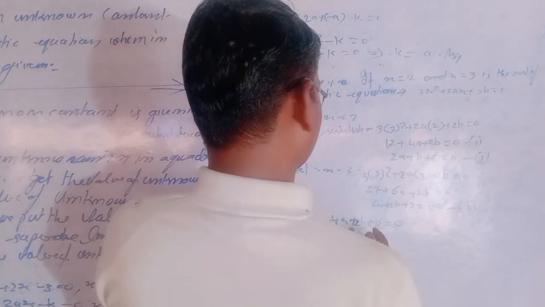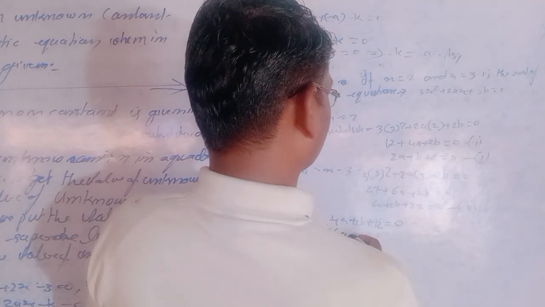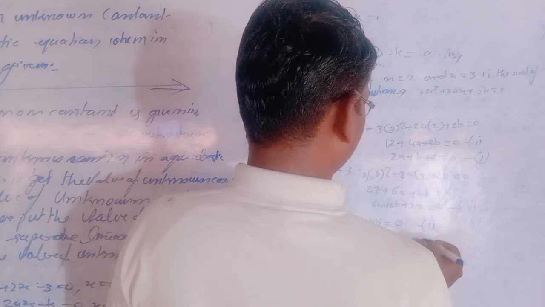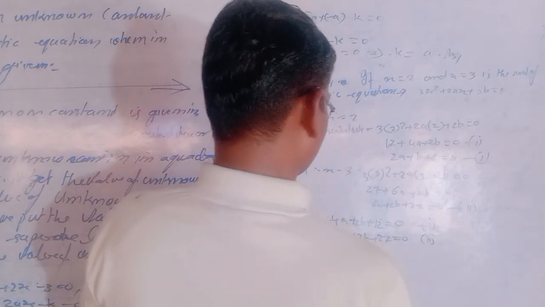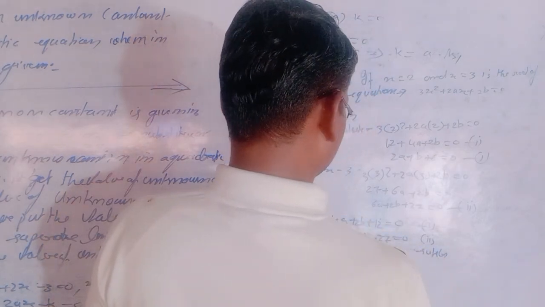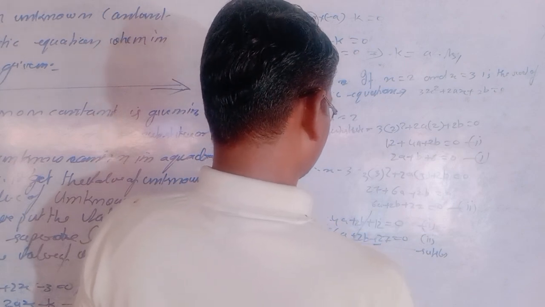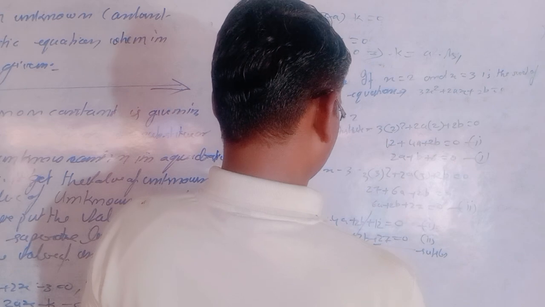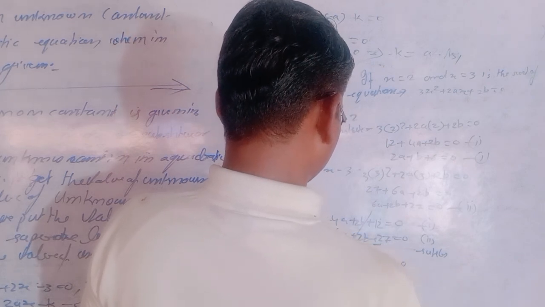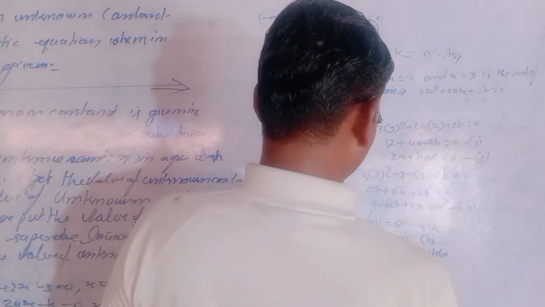And the second is 6a plus 2b plus 27 is equal to 0. Now subtract the first and second equations: 2b cancels out, and it becomes minus 2a minus 15 is equal to 0. Then a is equal to minus 15 by 2. So the value of a we have found here.